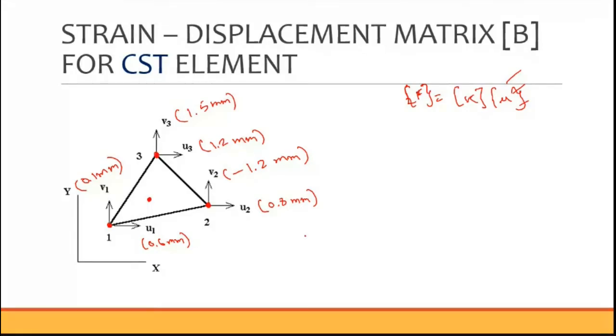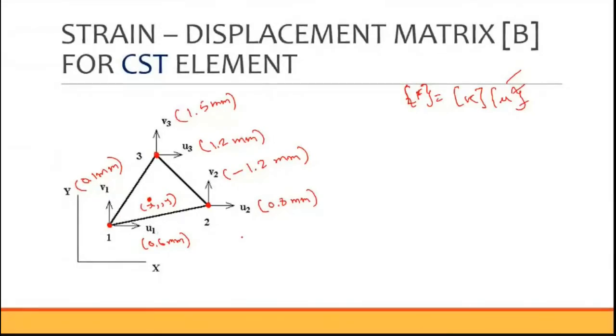But what happens if I want a value in between, inside this particular triangle, somewhere at this point x comma y?